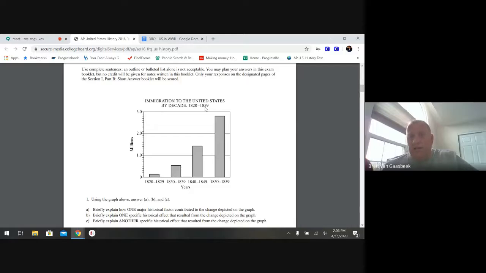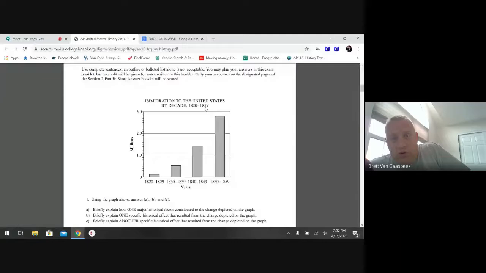Now, if I look at 1820 to 1859, and I've got my timeline, I would notice that this is from the antebellum. This is before the Civil War. The immigration went up every decade leading up to the Civil War, and it went up almost exponentially.